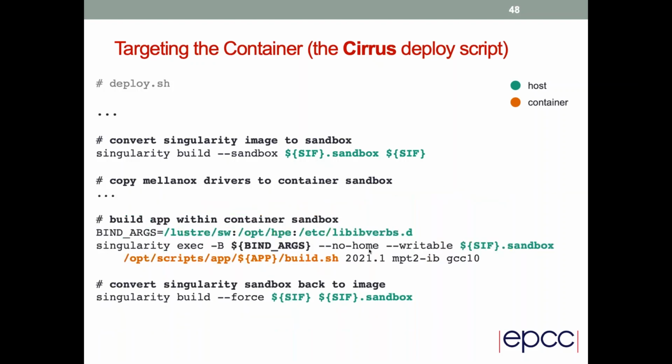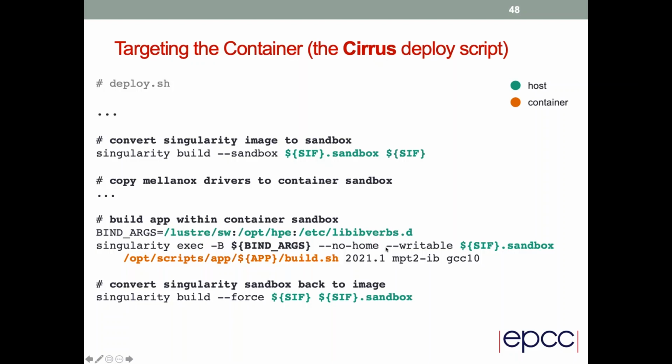And also when I actually build the application within the container sandbox, I needed to specify an extra option for the command that executes the build script. This is the no-home option, and what that does is it prevents the user's home folder on the host from being mounted inside the container.